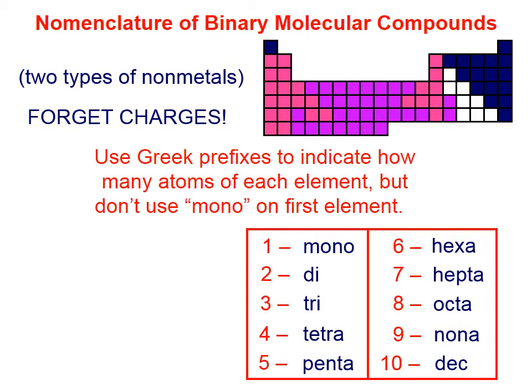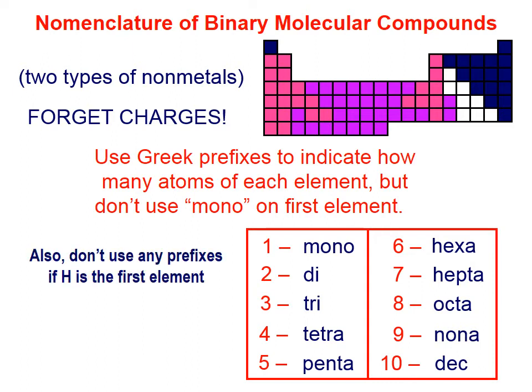Tetra refers to 4, penta, hopefully you recognize that as being associated with 5, hexa for 6, hepta for 7, octa for 8, that's an easy one: octagon, an octopus has 8 tentacles, an octave has 8 notes, kind of. 9 is nona, and then 10 is deca, like decade, and that kind of thing.